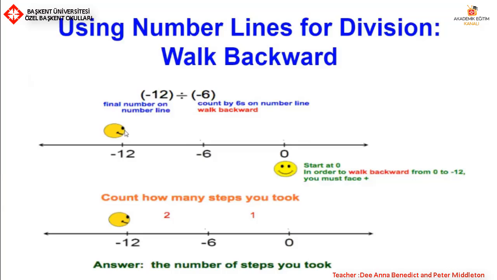So from the number 0, we can jump backwards, and you can see it's 2 times that they had to go backwards by 6 to get to the starting number, minus 12. So 12 divided by 6 must be 2, because they walked backwards 2 steps.